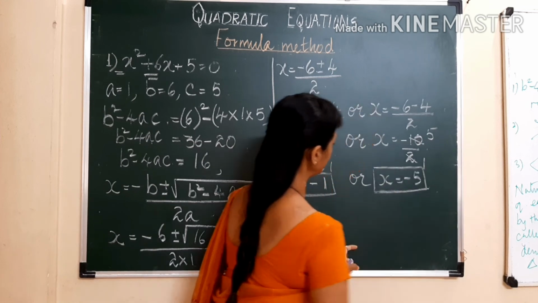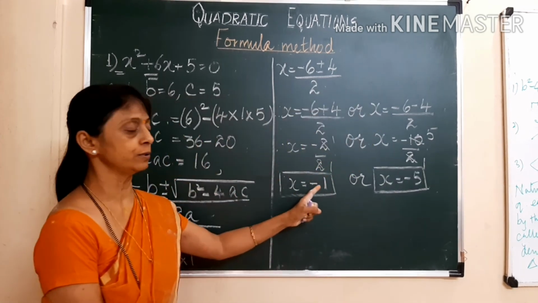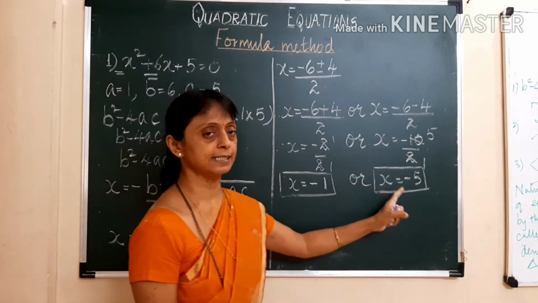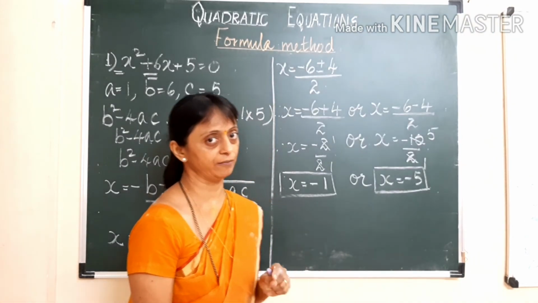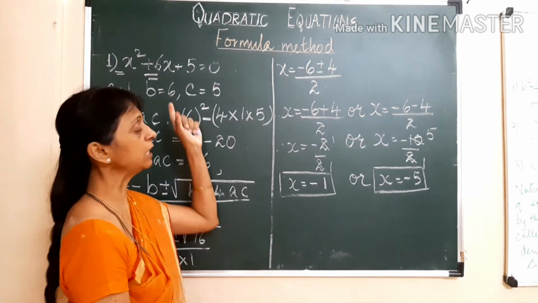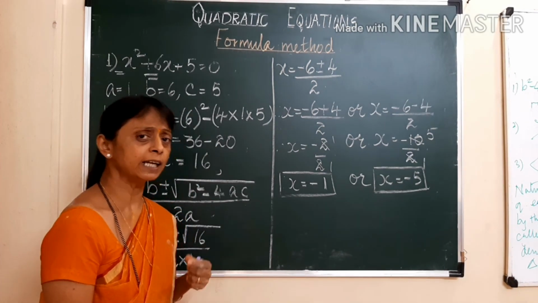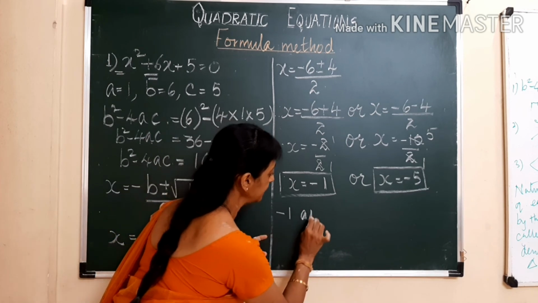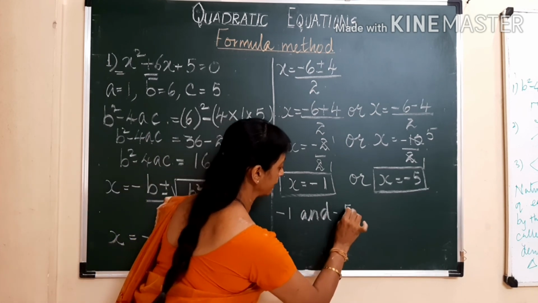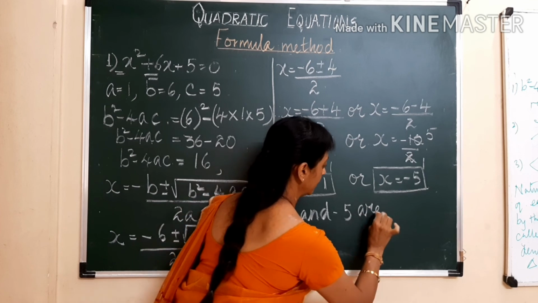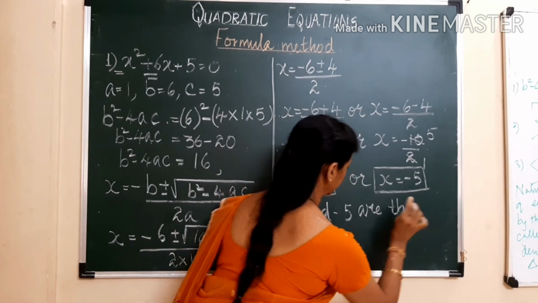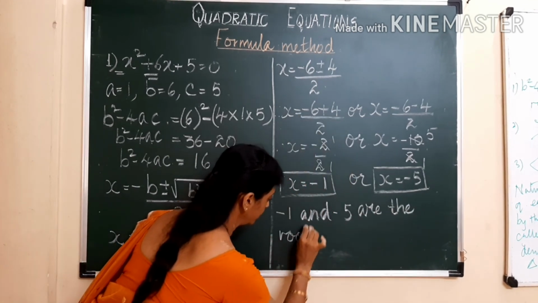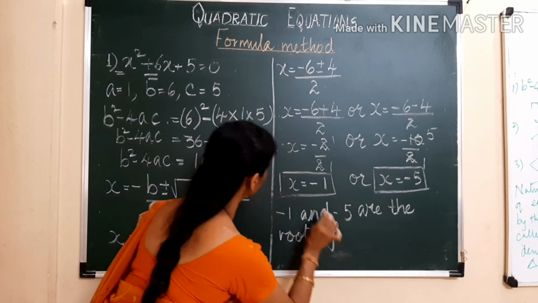So what are your roots over here children? x is equal to minus 1 or x is equal to minus 5 is the solution of the given quadratic equation, or in other words you can say minus 1 and minus 5 are the roots of which equation children?